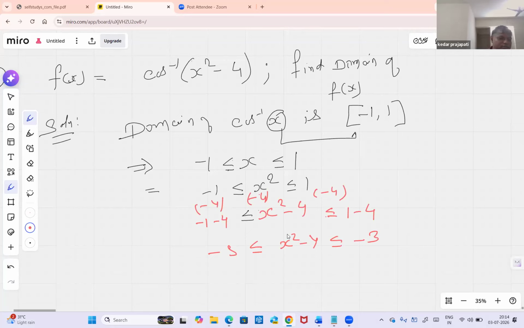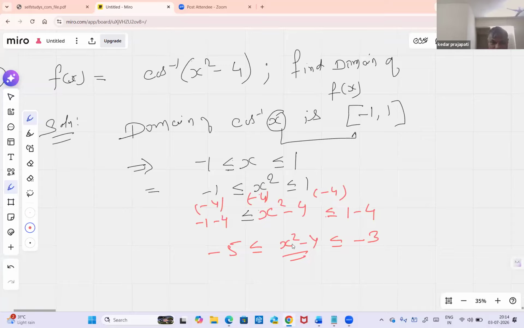This is minus 3. Correct? Yes, sir. And this is f of x. Right? So ultimately, how much are we getting? Right? Minus 3.